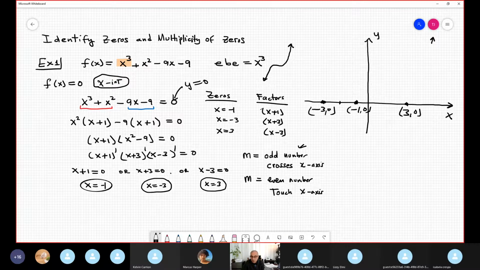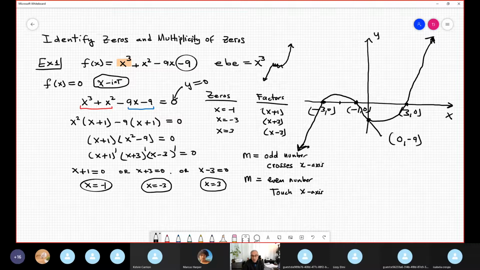Entonces my graph approximately, no, exactly, is something like that. End behavior gives me this information. Entonces the rest in the middle, I have no idea. Depending on the zeros. Depending on the y-intercept. Okay, by the way, the y-intercept is at -9. At that point is the point 0,-9.